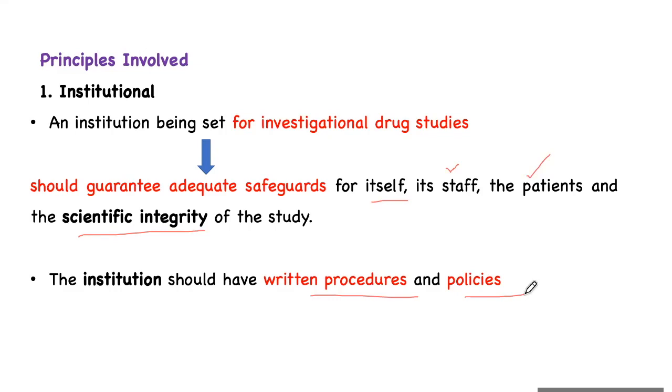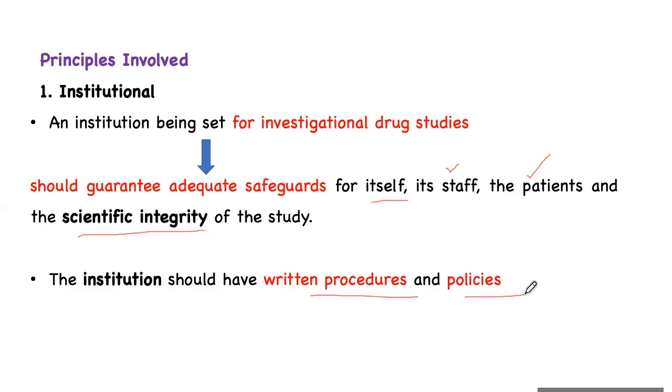So written procedures and written policies are required, and you have to only go through that research policy and procedures. If you feel, as a senior experienced physician or investigator, that you need to change the procedure, there is a possibility of amendment, but that amendment is also subject to the approval of the reviewing body. Without approval, you cannot do the amendments on your own.